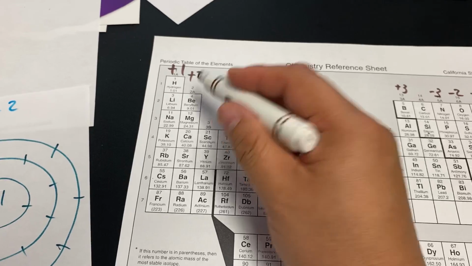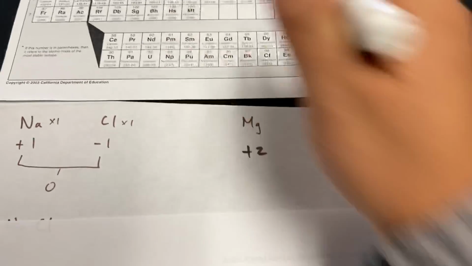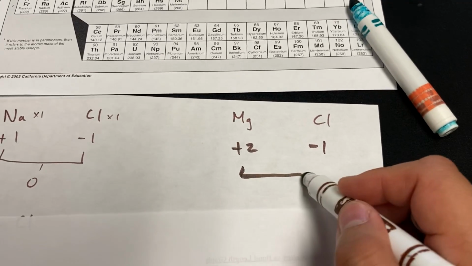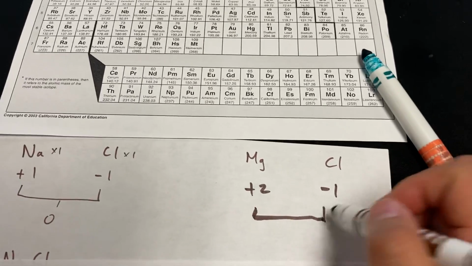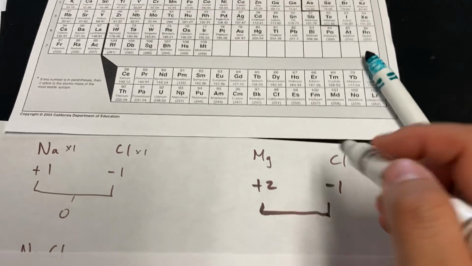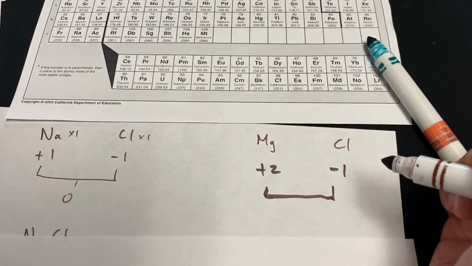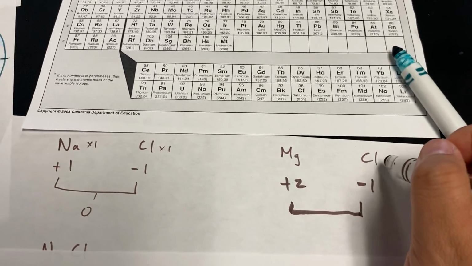And we're nearly done. So with magnesium over here, we note that it's a +2. And notice that right now, as it is, magnesium and chlorine, if they were in a 1-to-1 ratio, would not add up to 0. This does not work. And so what we would need to do is figure out how many chlorines we need to match up to that +2. That's right, we need 2 of them.